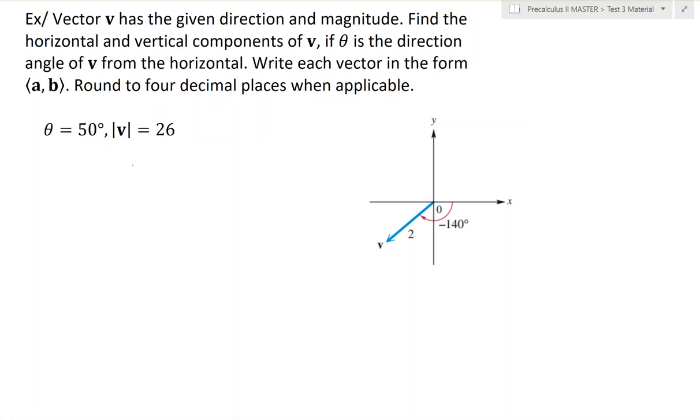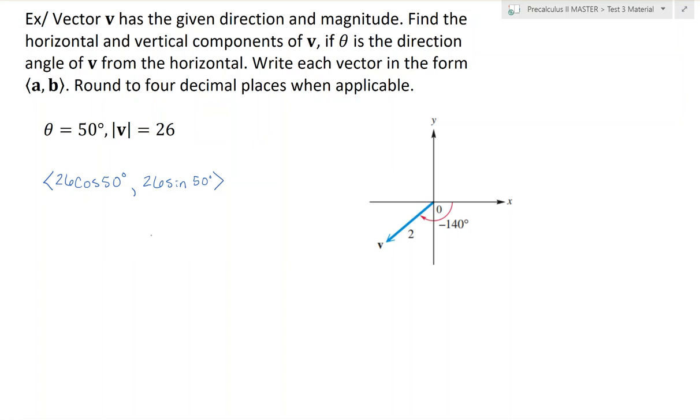There's no picture to it, but we know that our horizontal component is the magnitude of the vector times the cosine of the angle, and the vertical component is going to be the magnitude of the vector times the sine of the angle. So we just put those into our calculator.